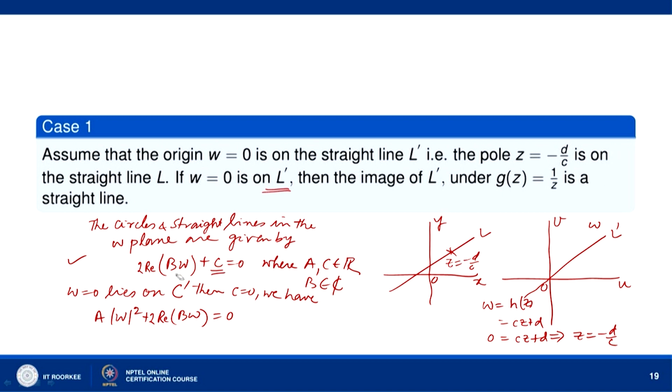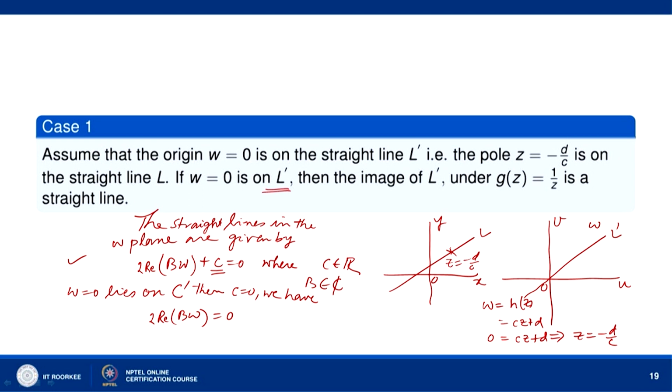So, this is the equation of a line, the straight lines in the W plane. The straight lines in the W plane are given by this equation, because if A is non-zero, then that will represent a circle. So, 2 Re(BW) + C = 0. Now, C is equal to 0. So, what do we get? We will get twice Re(BW) = 0.